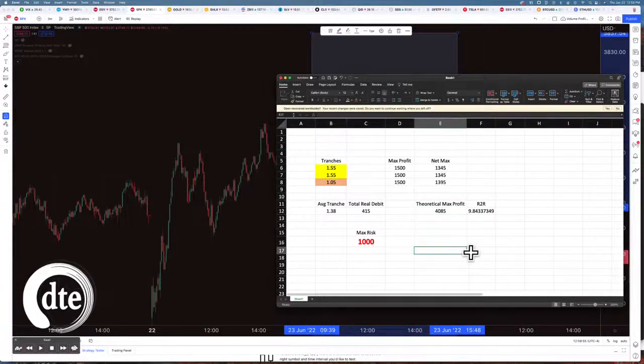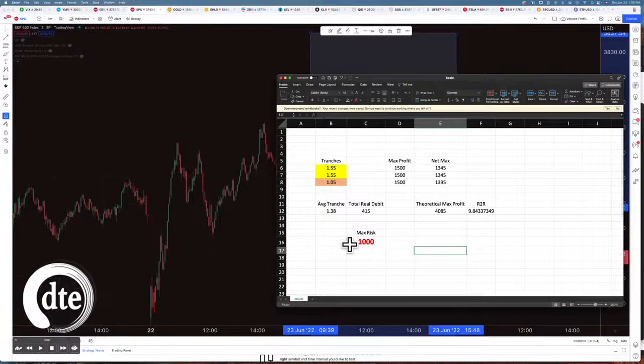The way I figured my 1,000 here is, now this is kind of arbitrary, but for me it works. I'm saying that, let's say that my trading capital is 200,000.